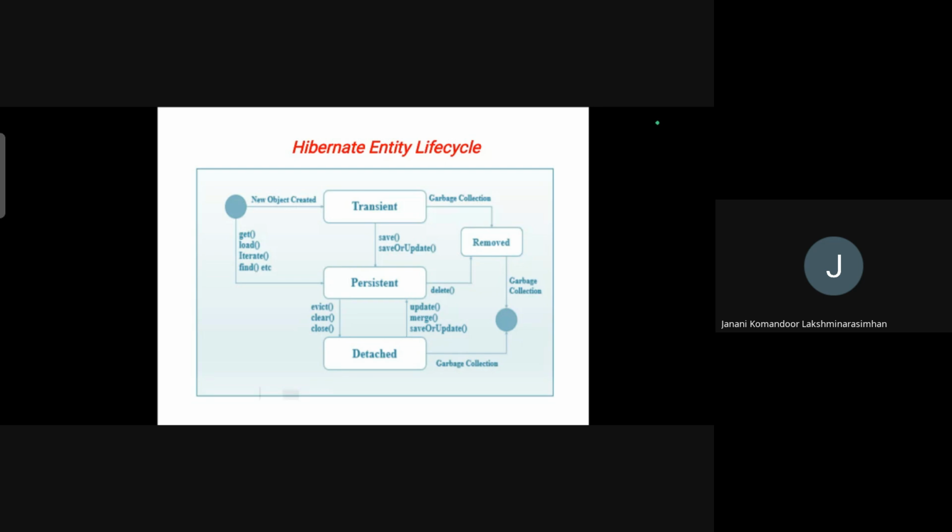When the configuration object goes to the second level cache, it becomes persistent. So from the transient state, the object moves to the persistent state. This movement is possible by using the save method or the save or update method. Either of the 2 methods can be used for moving the object from transient to persistent stage.